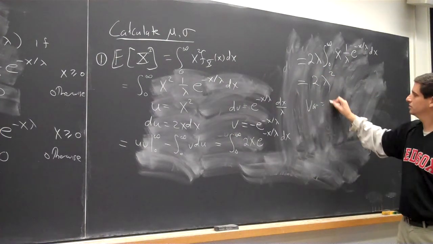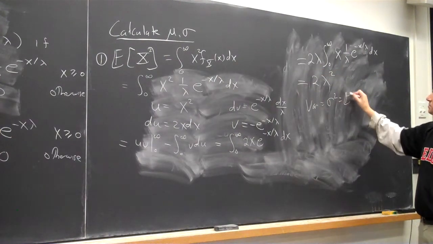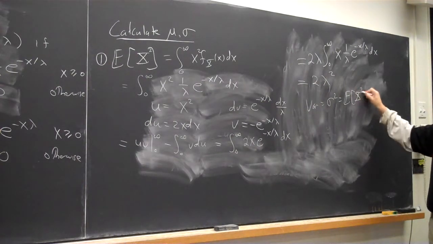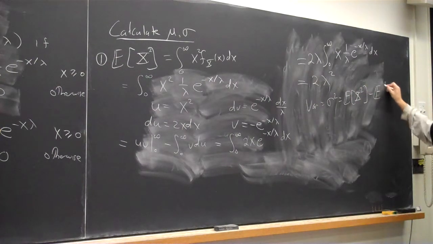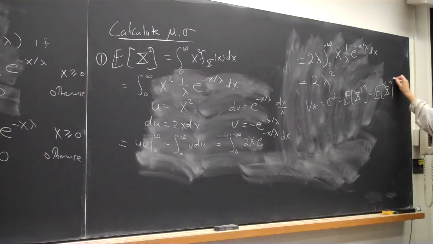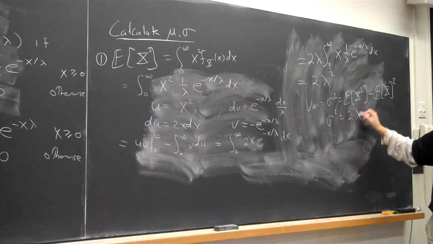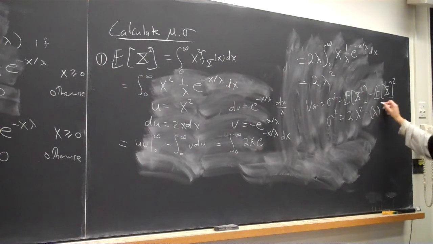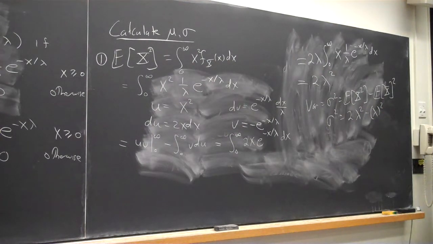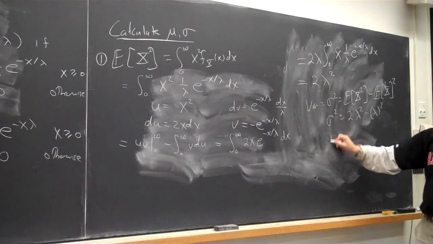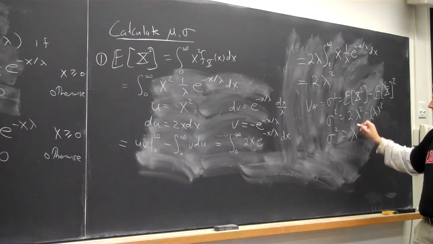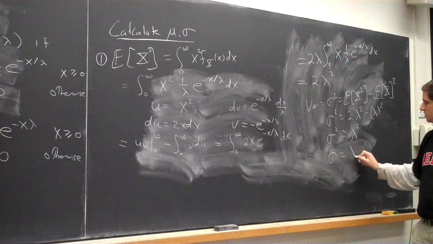So the variance, or sigma squared, is the expected value of x squared minus the expected value of x, squared. So we get sigma squared is 2 lambda squared minus lambda squared. So we get sigma squared is lambda squared, so sigma is lambda.